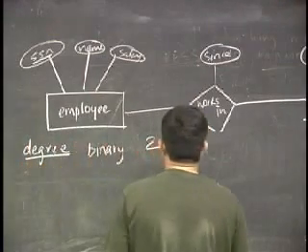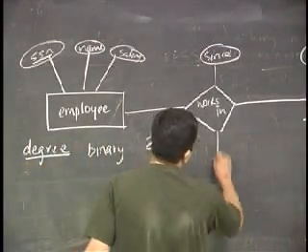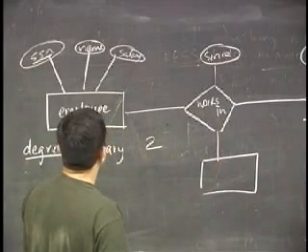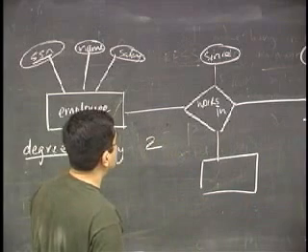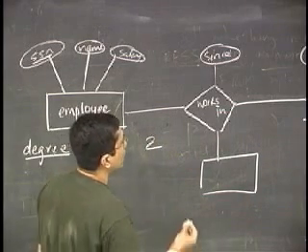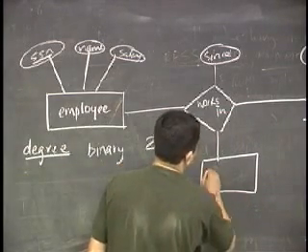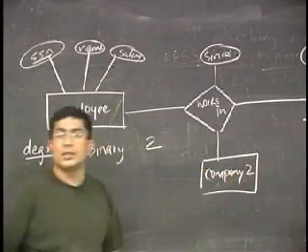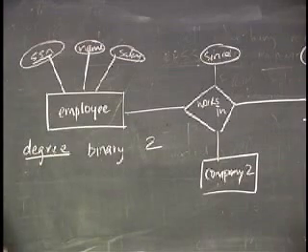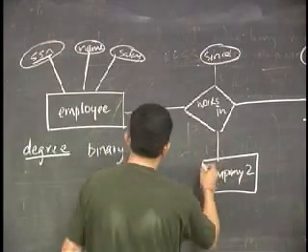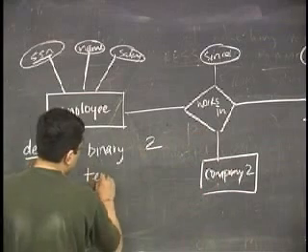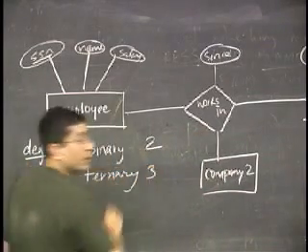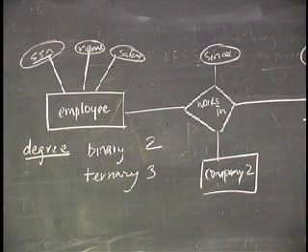So if we have another one, say company 2 or some other entity that this relation joins, then it will become ternary, or degree 3.